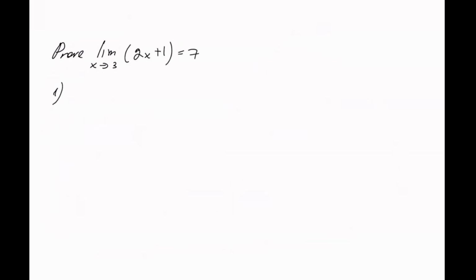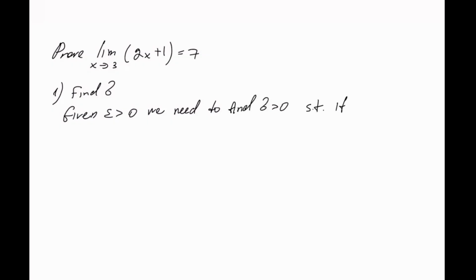So step 1, we need to find delta. Now we write, given epsilon greater than 0, we need to find delta greater than 0 such that if absolute value of x minus 3 is greater than 0 but smaller than delta, then absolute value of 2x plus 1 minus 7 is less than epsilon.